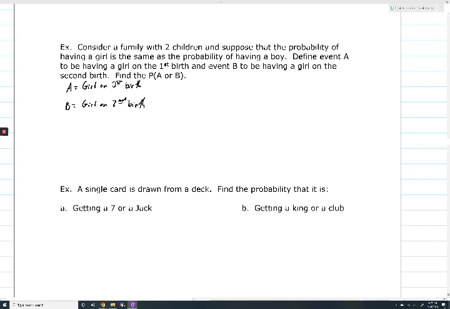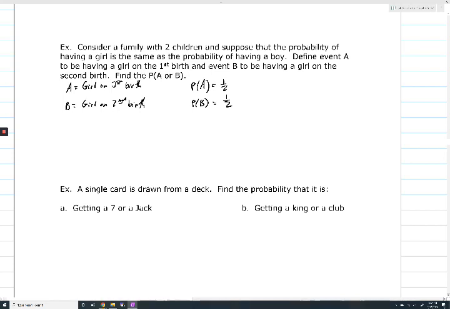We want to find the probability of A or B. So let's go through and come up with our probabilities. So probability A. What's the probability of having a girl as your first child? Well, we just said the probabilities were equal, so that's 1/2. Probability of B is also 1/2.